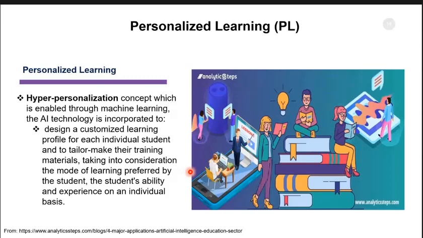So what is personalization? Personalization is design, and how AI technology can support personalized learning. When AI technology is incorporated into machine learning, it designs a customized learning profile for each individual student and tailors training materials based on the student's ability and experiences on an individual basis.